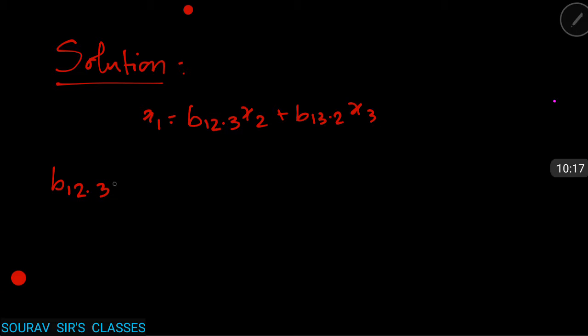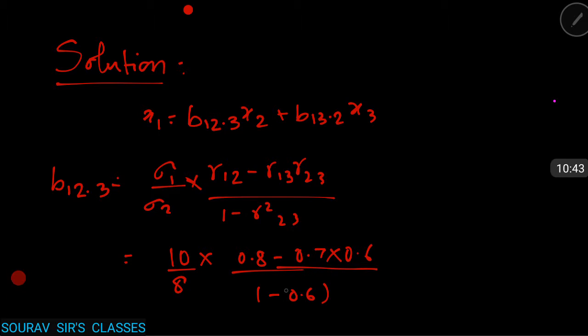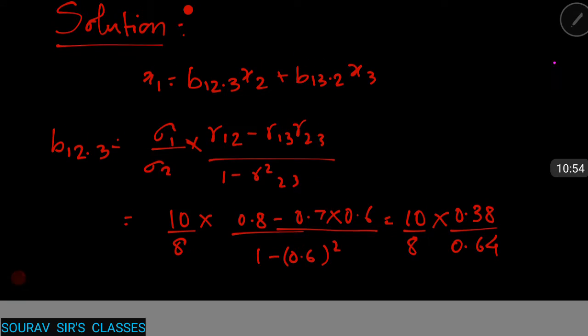So b12.3 is equal to sigma 1 by sigma 2 into r12 minus r13 into r23 divided by 1 minus r squared 23, which is equal to 10 by 8 into 0.8 minus 0.7 into 0.6 divided by 1 minus 0.6 whole square, which is equal to 10 by 8 into 0.38 divided by 0.64, which is equal to 3.8 divided by 5.12, which is equal to 0.742.